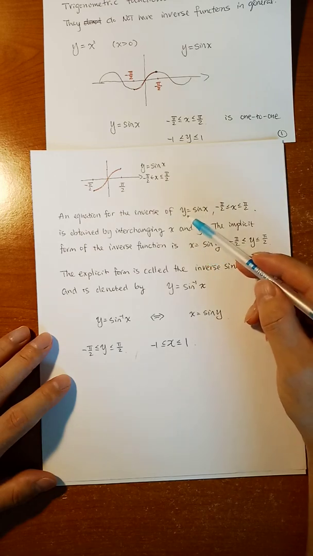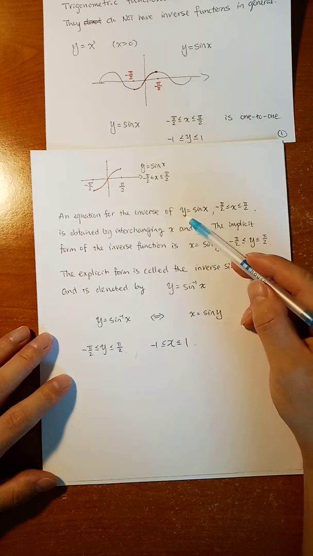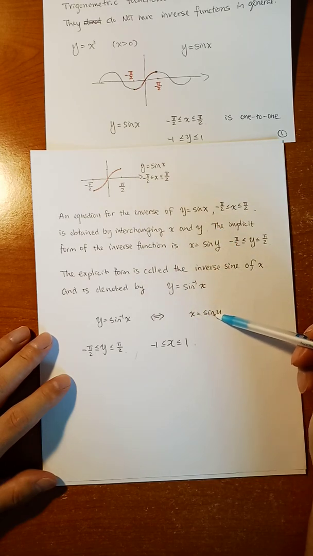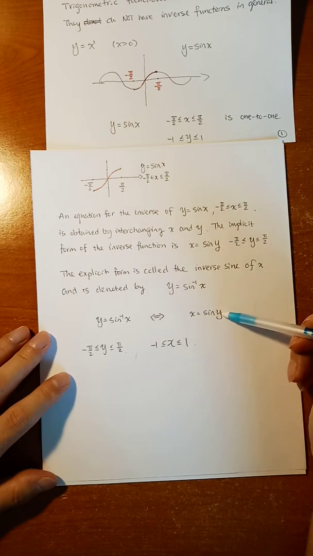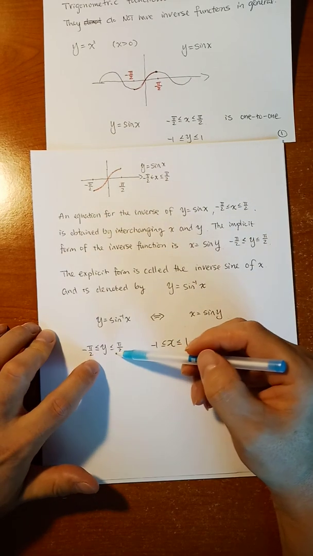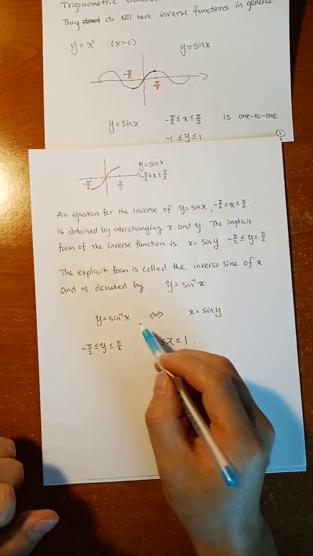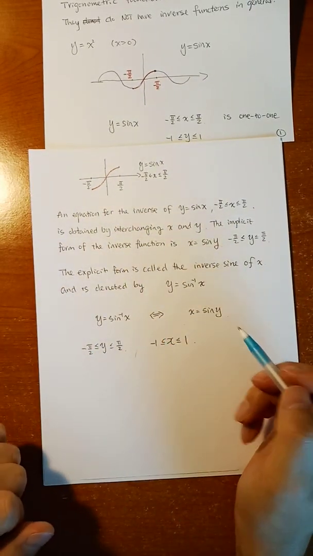X is in the original place of y, so x is the value of sine. So x is between negative 1 and positive 1. Y is in the domain of sine, so y is between negative pi over 2 and positive pi over 2. So you get y is sine inverse of x.